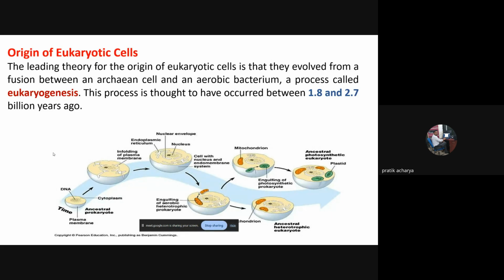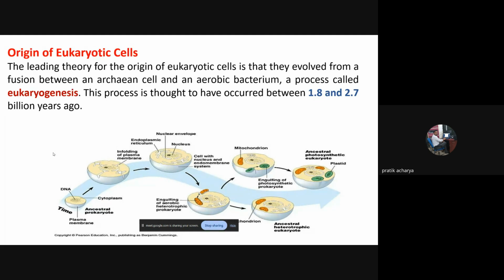When the larger cell is getting benefit from the smaller one in the form of energy production, then the small one is protected by the larger one, not harmed by it. That is essential. That is the endosymbiotic theory. They engulfed the small one and made a symbiotic relationship.